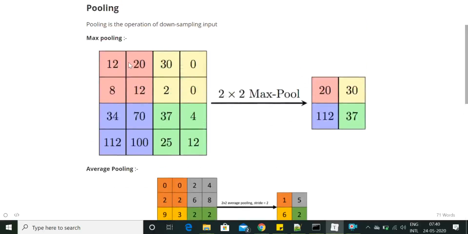What max pooling is doing internally is, it is making sure that this highest value can be present in any of these four regions, and it doesn't make any difference. So this 20 can be present at this position or this position or this position or this position. It is not going to make any difference for max pooling because it is only going to take the highest value in that region. That way it is adding a local translation invariance.